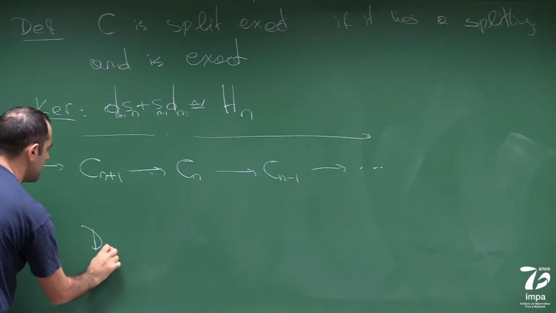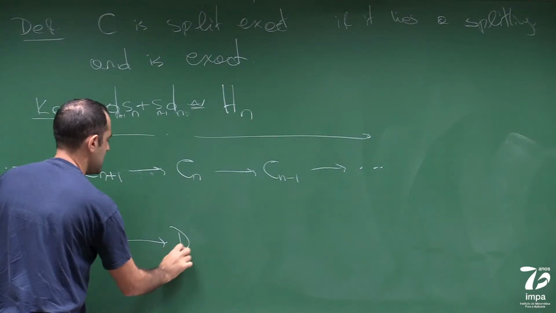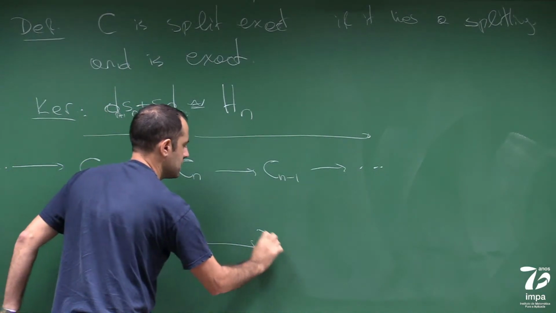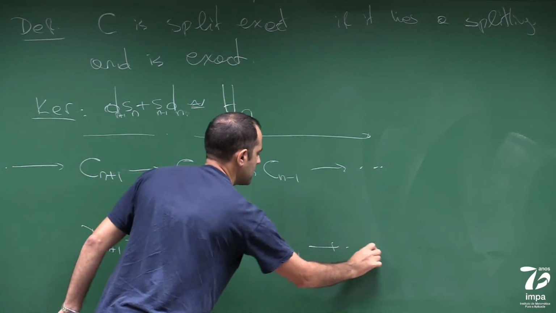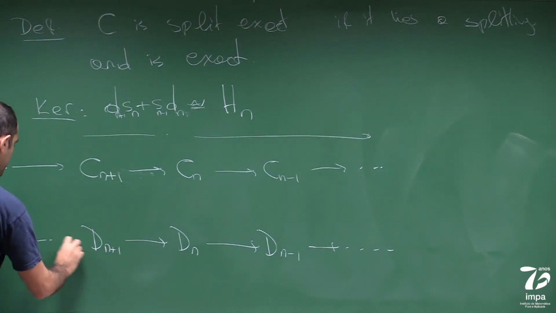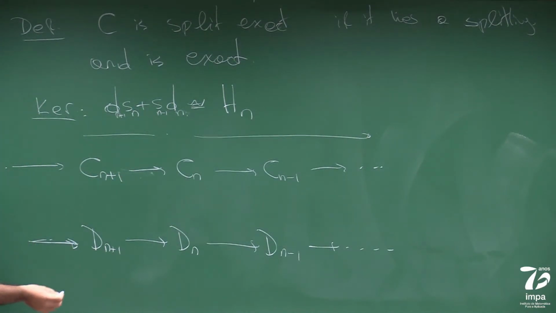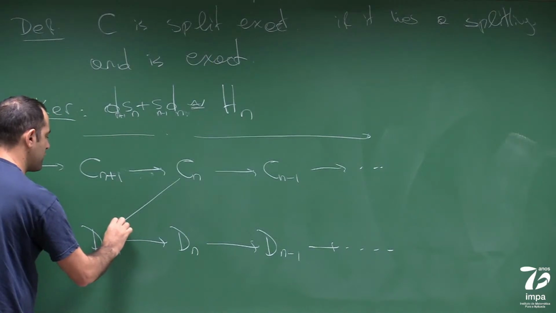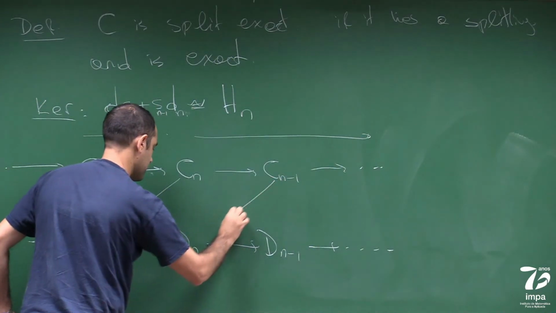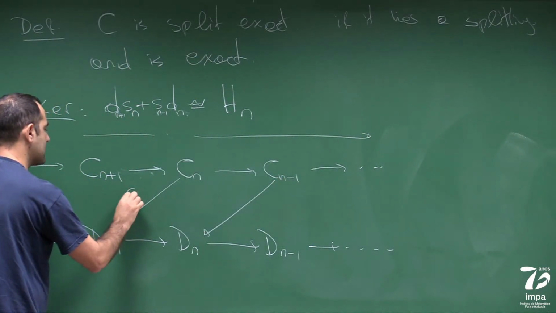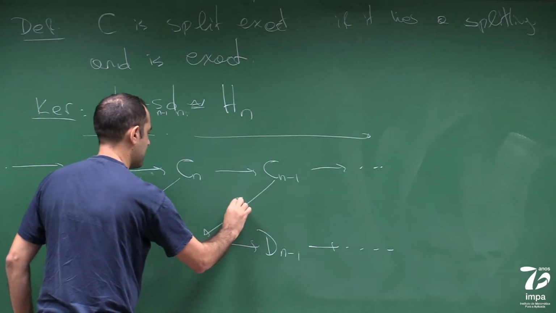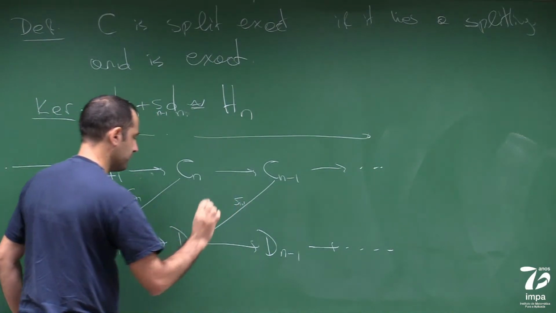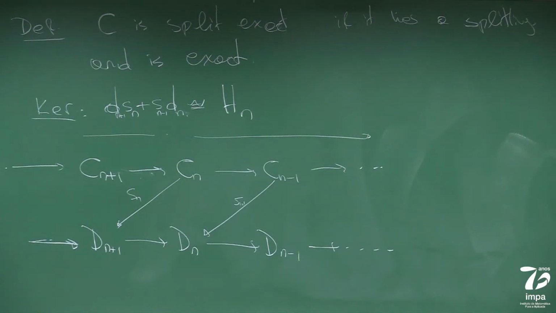And I have Dn plus 1 mapping to Dn, mapping to Dn minus 1, and this continues. And choose any maps in this direction. So this is Sn, and this is Sn plus 1, minus 1. Any linear maps.